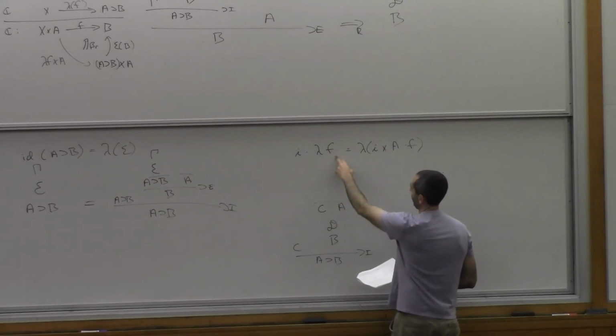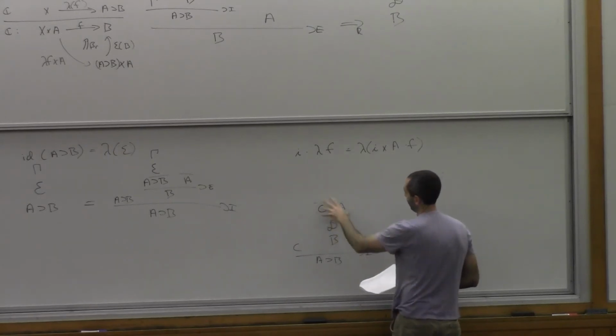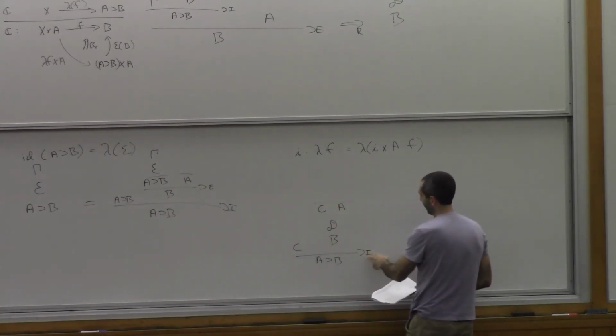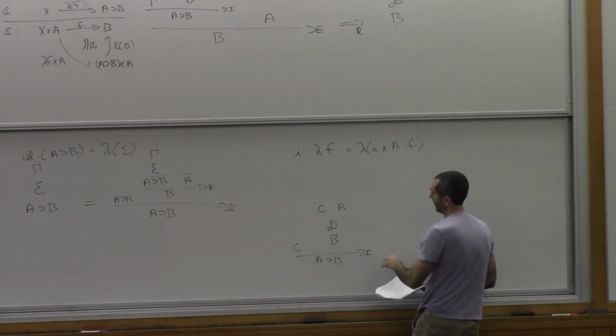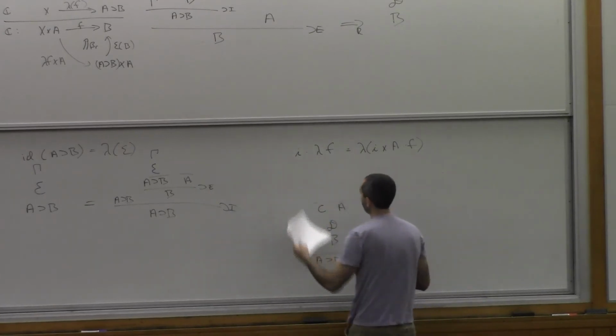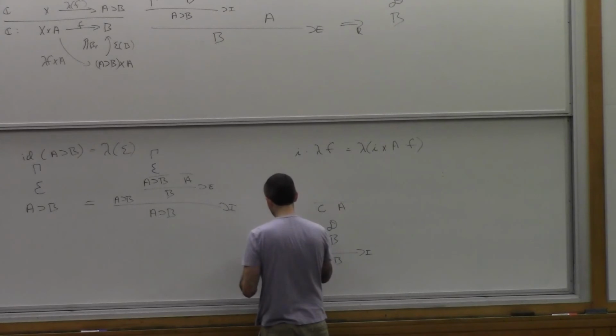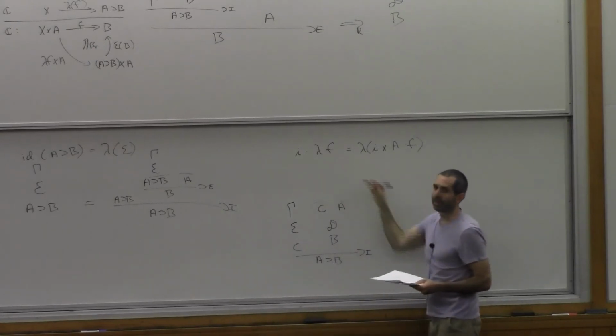D is interpreted as the arrow F, lambda F interprets the implication introduction of that, and now I precompose that with an arbitrary derivation E, or gamma. Okay, so that's the left side.